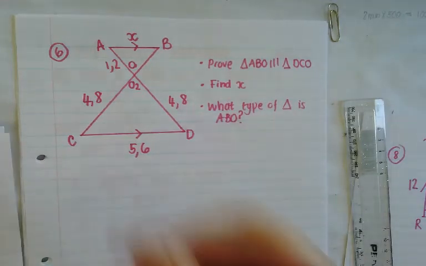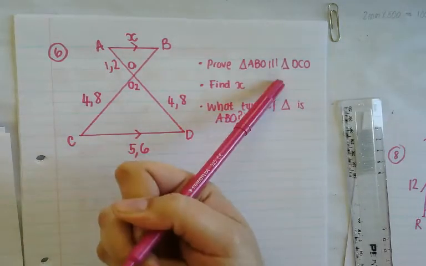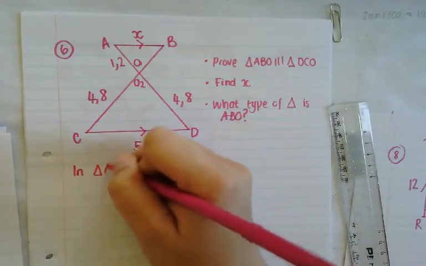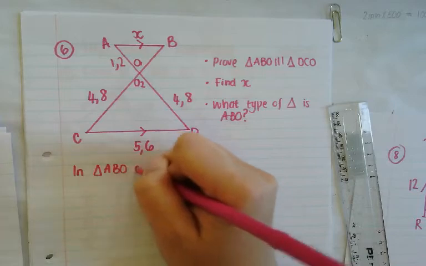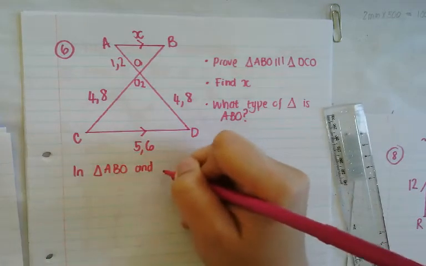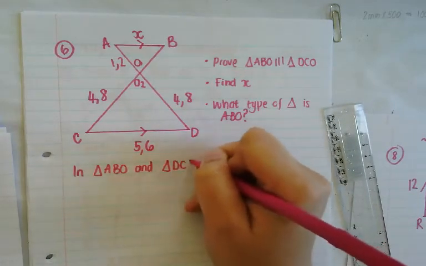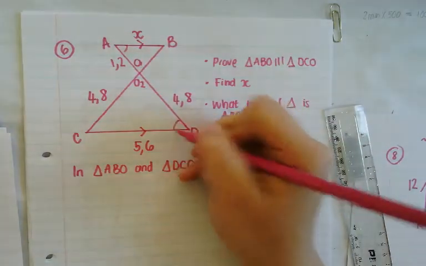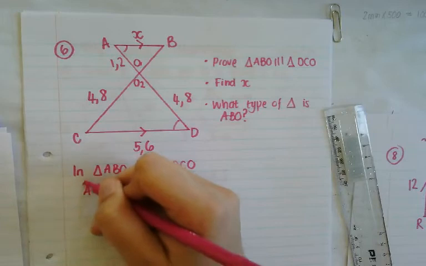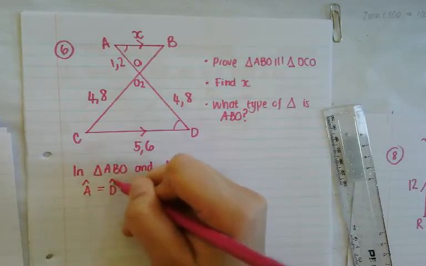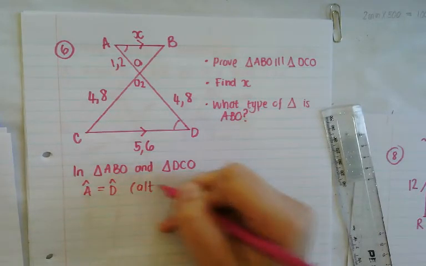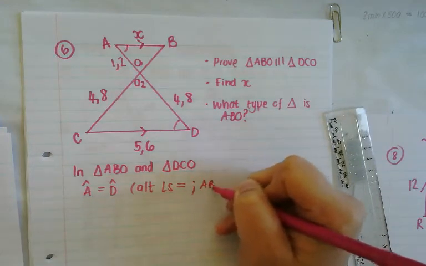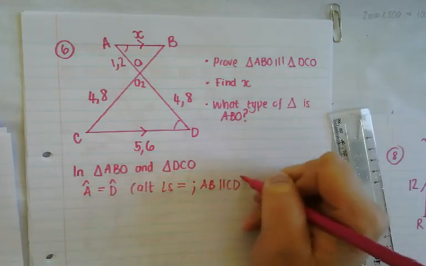So starting with my top triangle, they give me the name so I don't even have to think too much. In triangle ABO and triangle DCO, A would be equal to D, no 3 letters necessary, there's no confusion. Alt angles equal with AB parallel to CD.